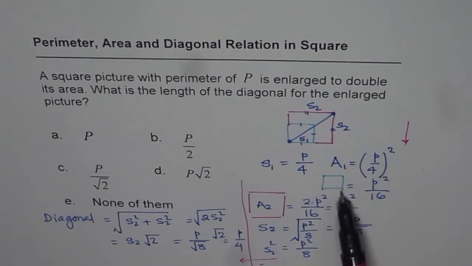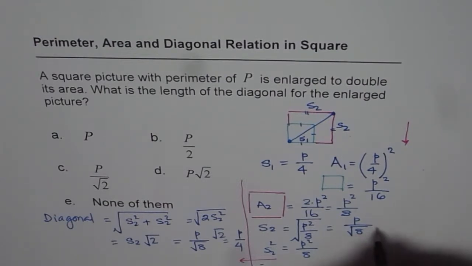We need to double this area. So twice this area, which is P square by 8 instead of P square by 16. If area is P square by 8, then each side is P over square root 8, which you would also write as P over, 8 is 4 times 2, so 2 square root 2.